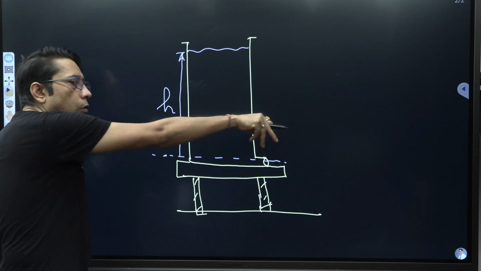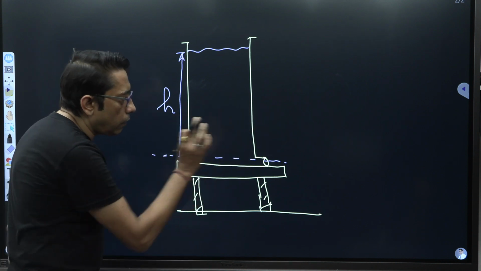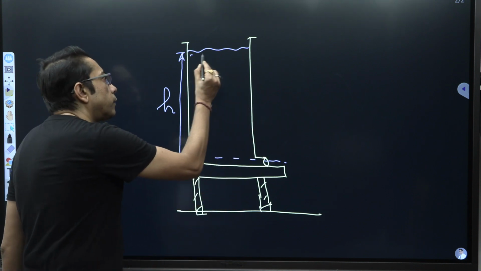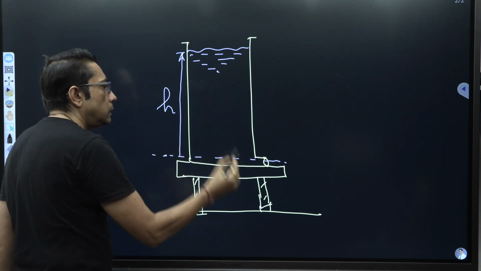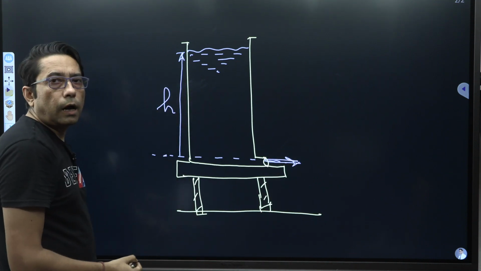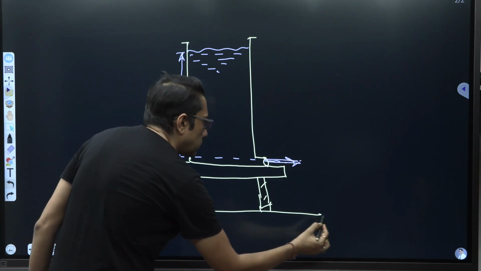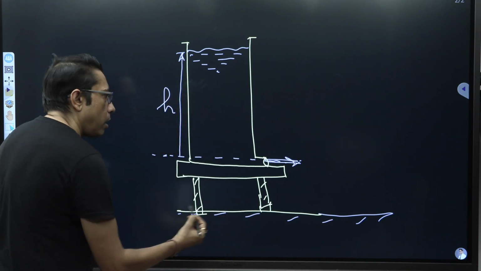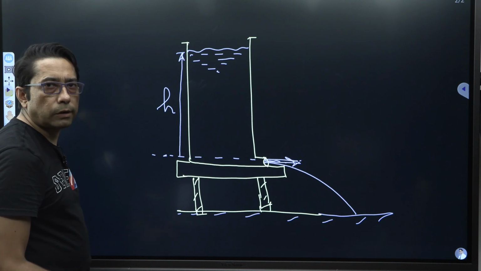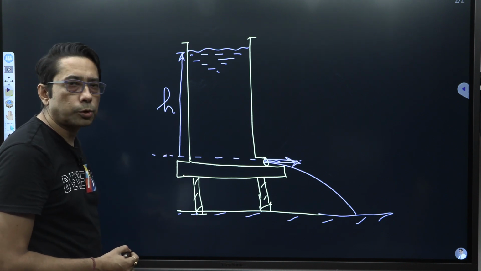Now, as soon as you open the valve at the end of this opening, liquid from here starts flowing out, initially straight, and then it would have a parabolic path like this. We will learn this later in projectile motion.